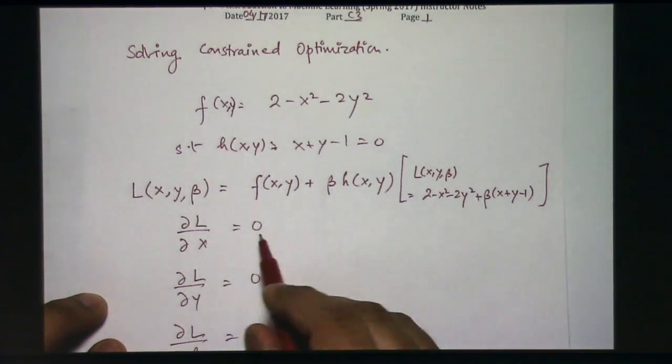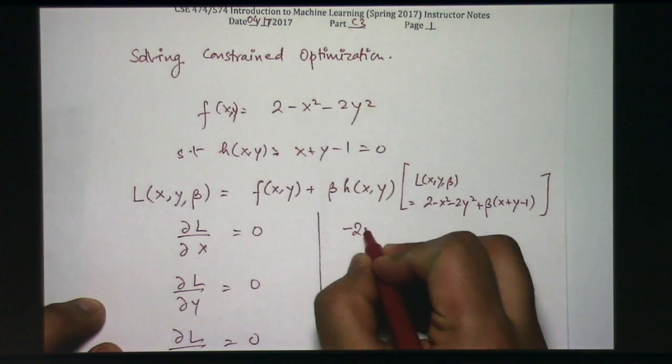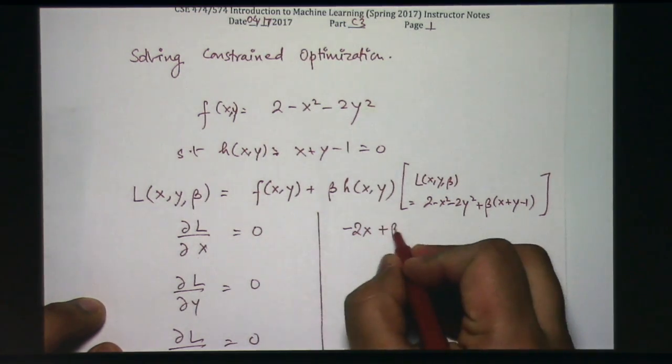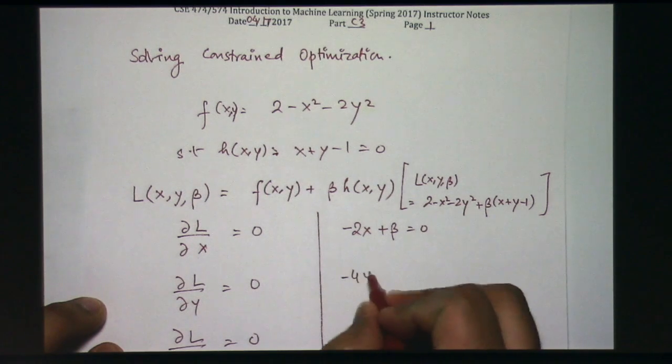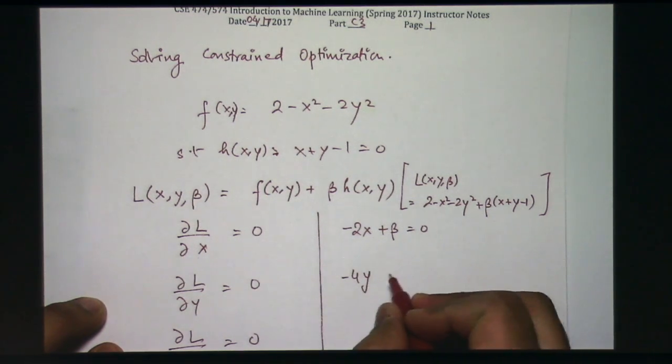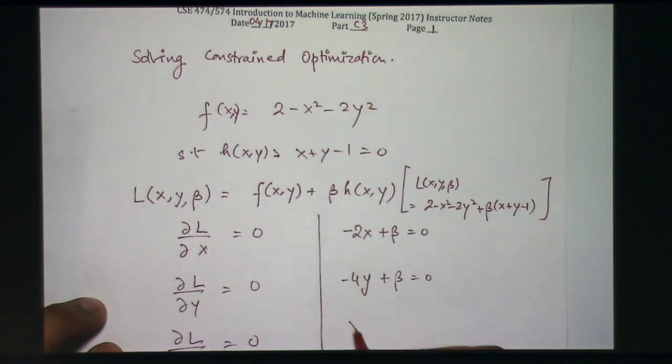So now this derivative will be minus 2x plus beta equal to 0. This one will be minus 4y plus beta equal to 0. And this one will be x plus y minus 1 equal to 0, which is actually the constraint.